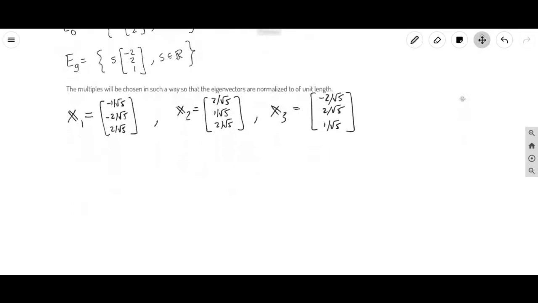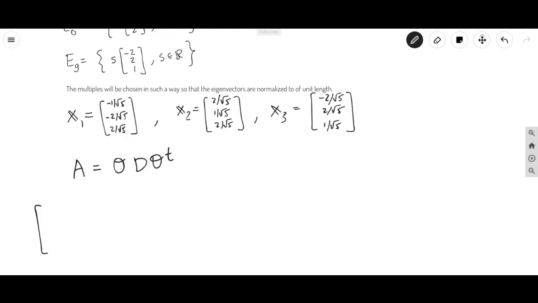And then the way you form your orthogonal matrix is you just arrange these eigenvectors into a matrix. So what we're saying is that our matrix A is equal to O D O transpose.